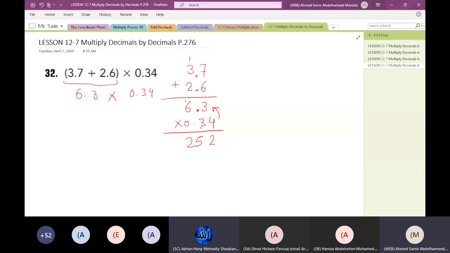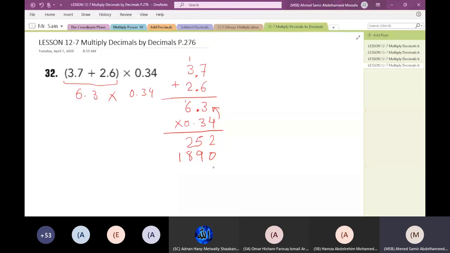3 times 3 equals 9. And 3 times 6 equals 18. Okay. Then we put 2 zeros. Then 0 times 3 equals 0, and 0 times 6 equals 0. Excellent job.